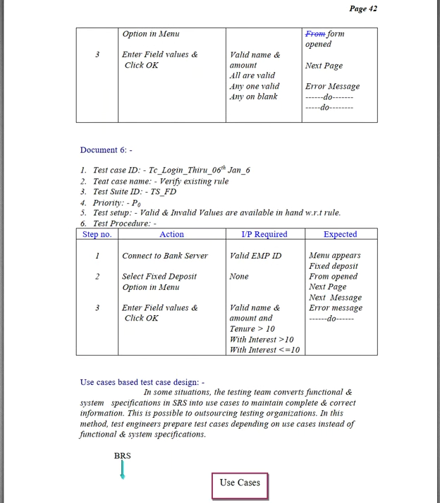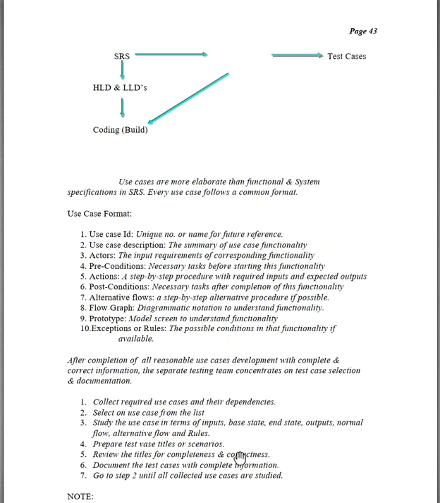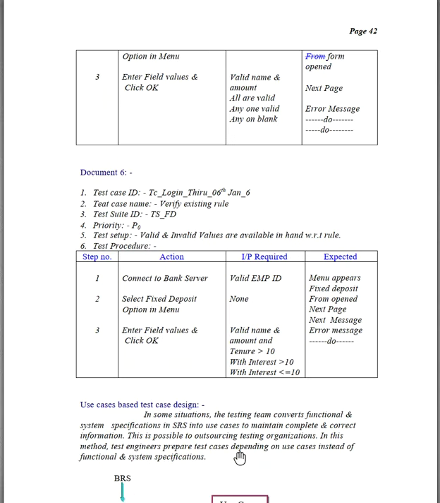Then we have something called use cases based test case design. In some situations, the testing team converts the functional and system specification in the SRS into use cases to maintain complete and correct information. This is possible for an outsourcing testing organization. In this, the test engineer will prepare test cases based on the use case. It's similar, but instead of going with the BRS and all those things, they will be using the use case.